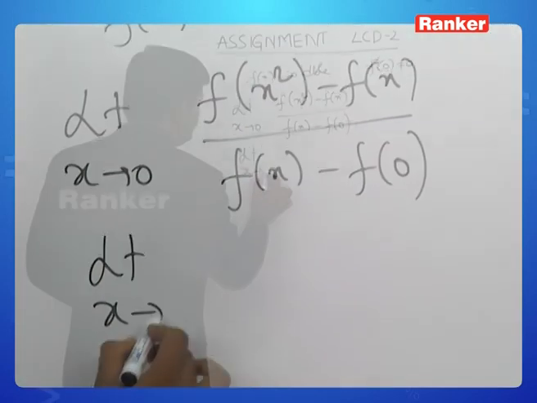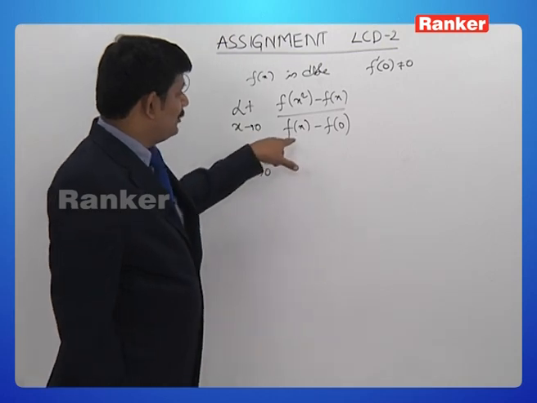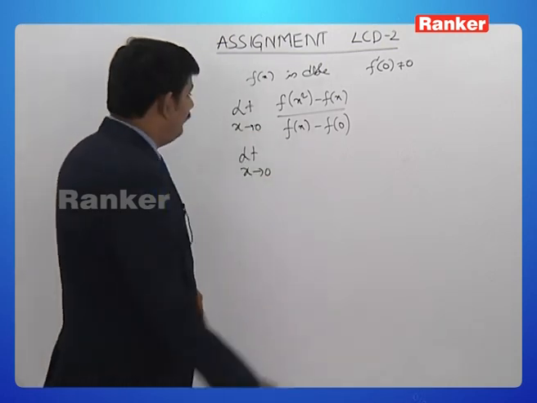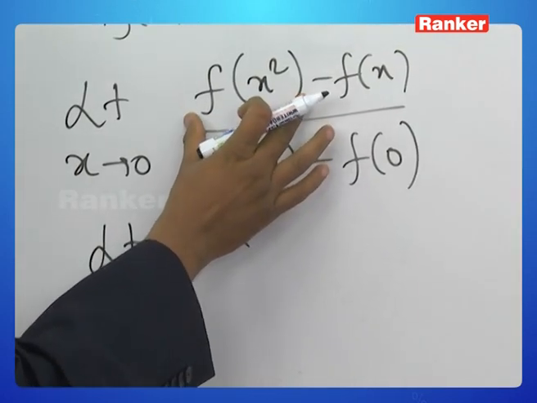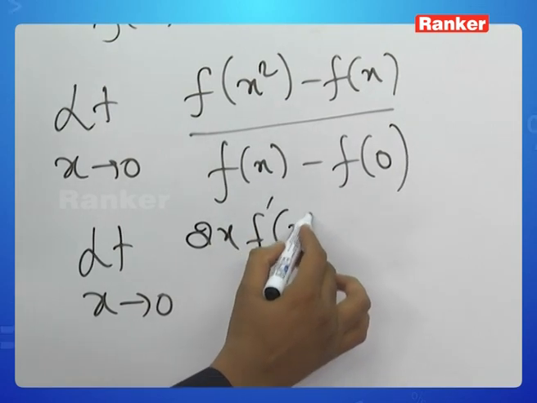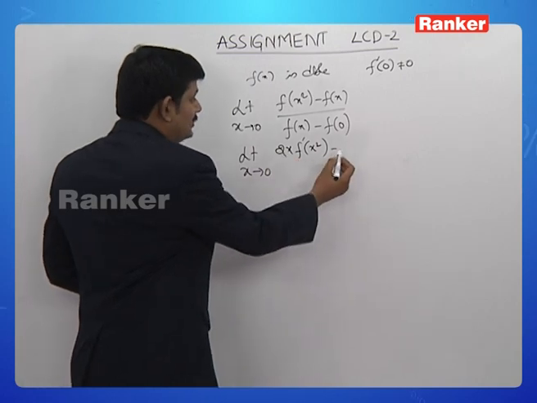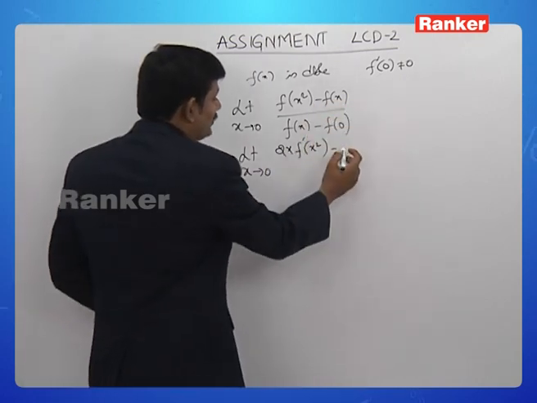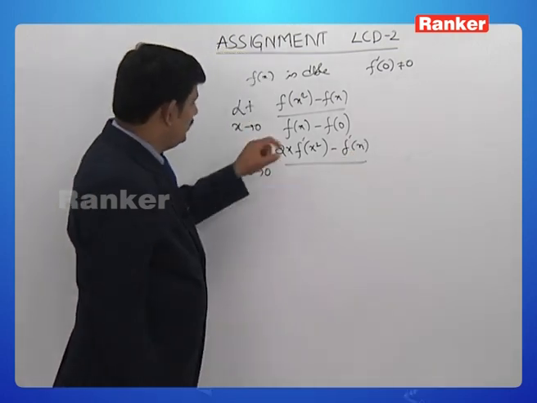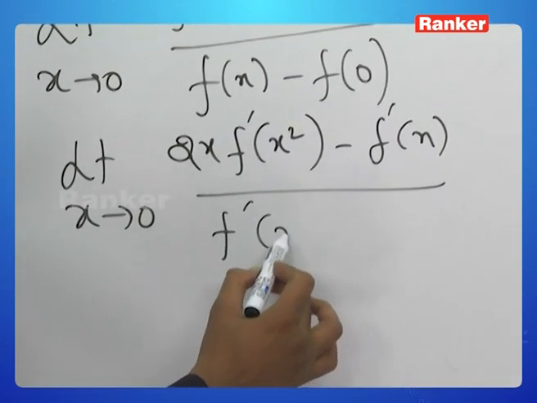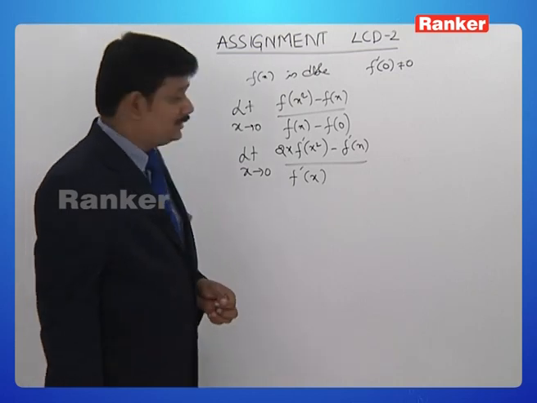Limit x tending to 0, f of x square minus f of x divided by f of x minus f of 0. We can differentiate the numerator. Derivative of f of x square is f dash of x square into derivative of x square, 2x, minus derivative of f of x is f dash of x, divided by derivative of denominator, f dash of x, minus derivative of a constant is 0.